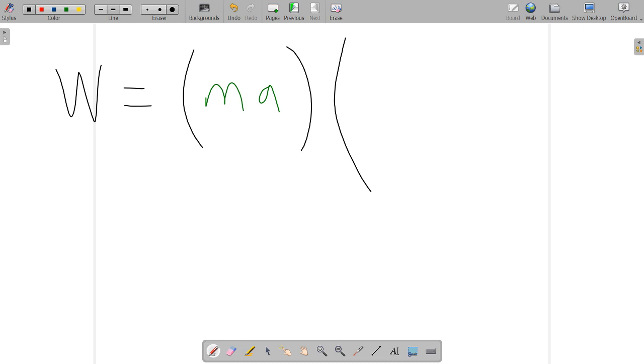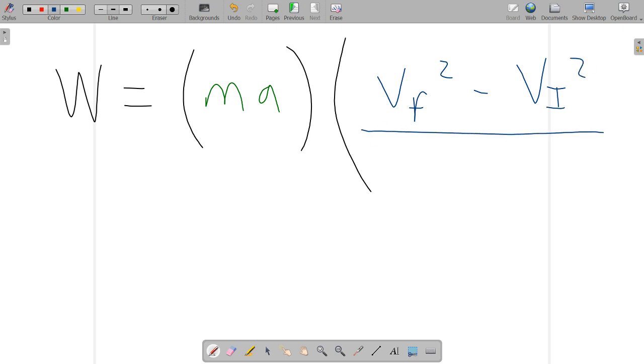Displacement is equal to final velocity squared minus initial velocity squared, all of that divided by 2a. So again, all I did here was just do a substitution. I substituted Newton's second law in here for force, and I substituted my left-hand side for displacement.